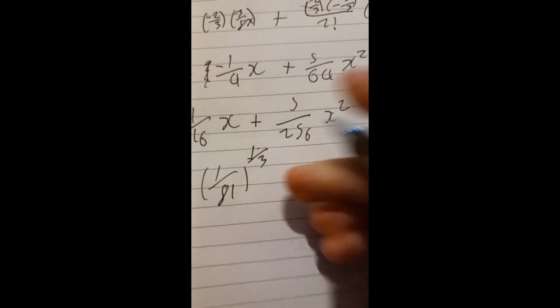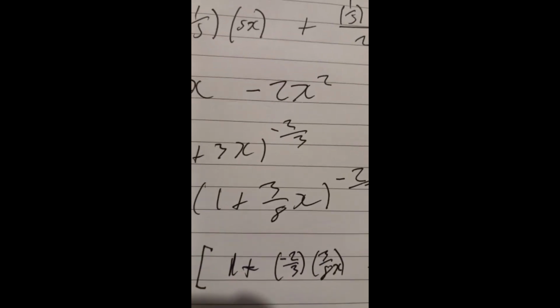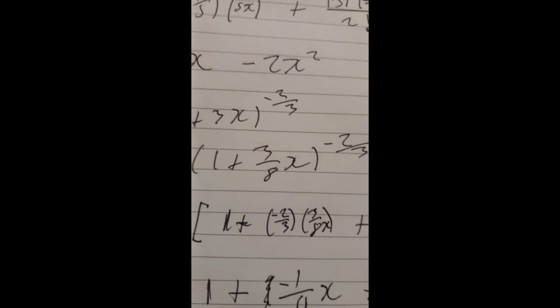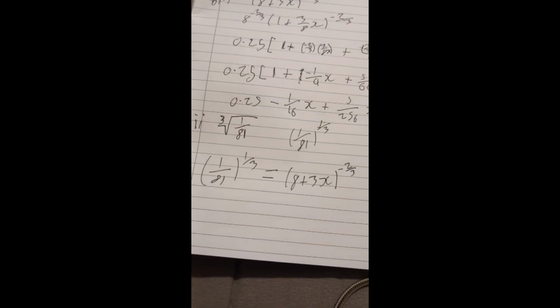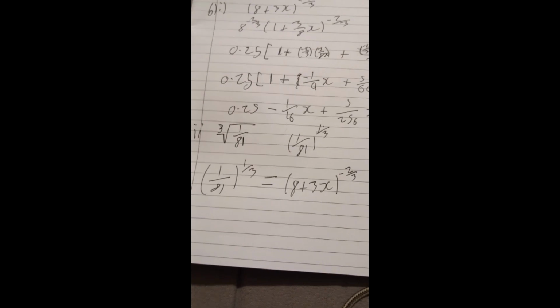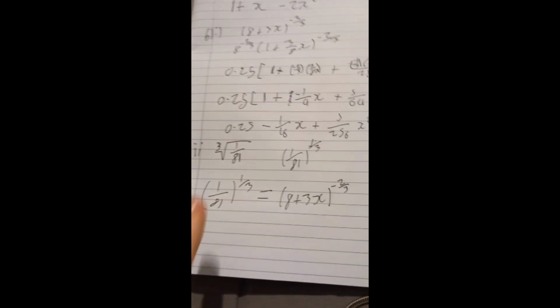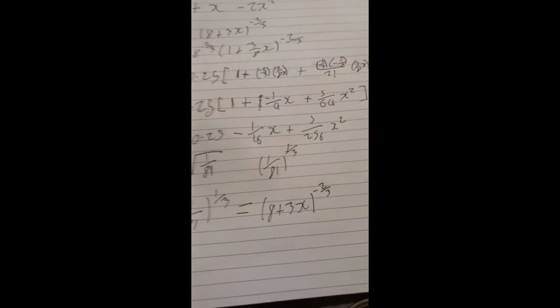Yeah, that's right. But you'll notice that in this question it's to the power of minus 2 over 3. So we're going to have to do something really goofy. Ideally we're going to want to do this, but first we have to sort these powers out.